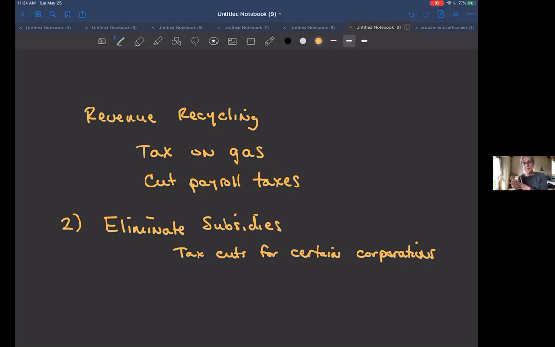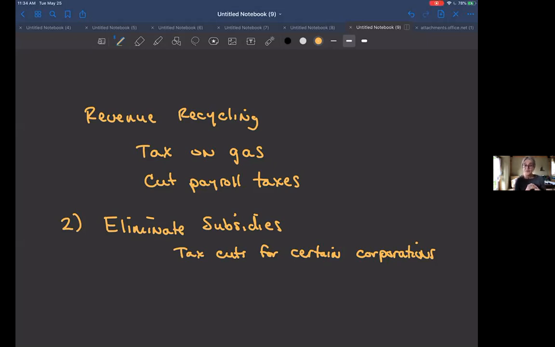But if we didn't subsidize them, then they wouldn't be able to afford perhaps to pollute as much. And so that's an externality as well, but eliminating the subsidies. Now, the problem with that is once you put it into a tax code, getting it out of the tax code is very difficult, because then people start to lose money and they get very upset.